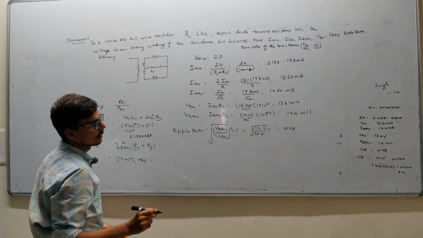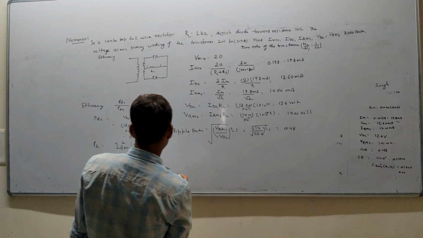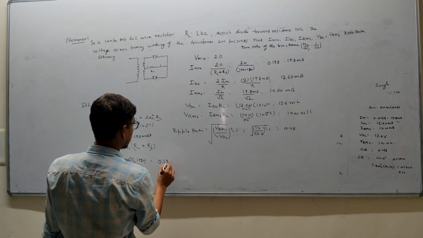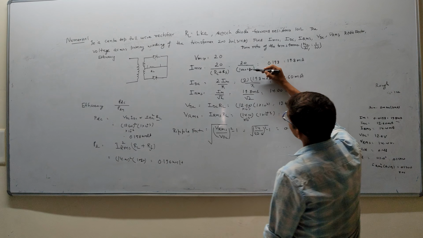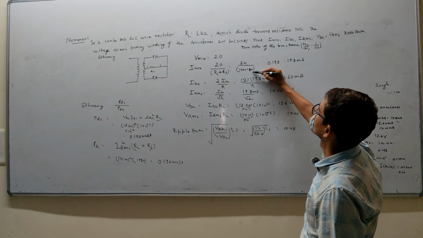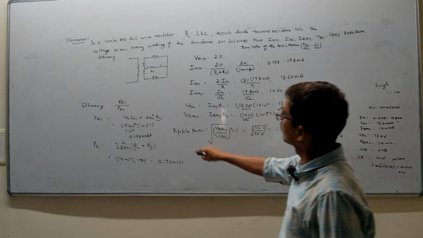It comes out to 0.196 watt. At a time, only one diode is on. If this is on, this is off. You can see Imax is over RL plus RF.